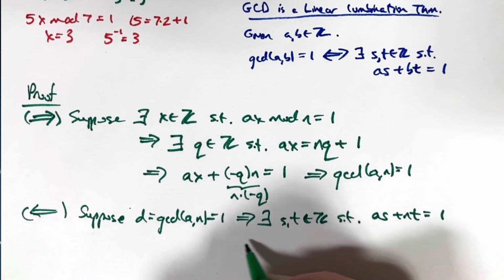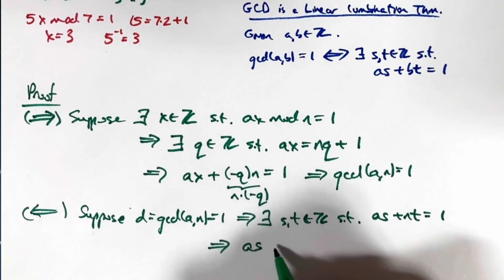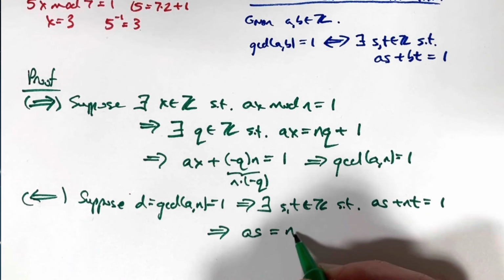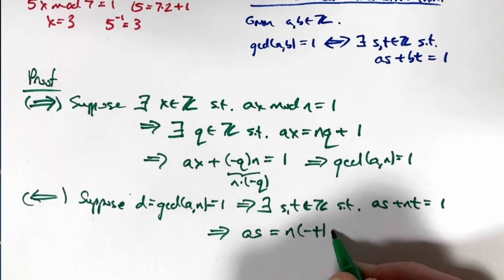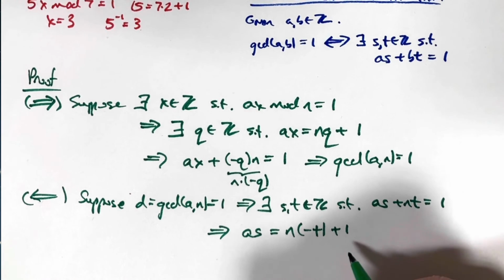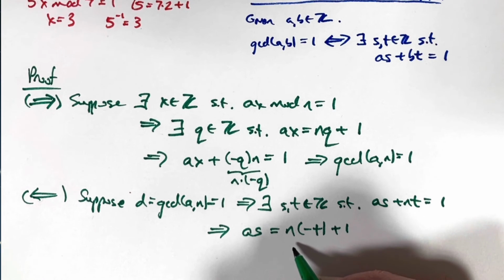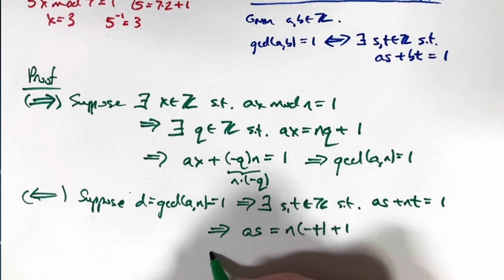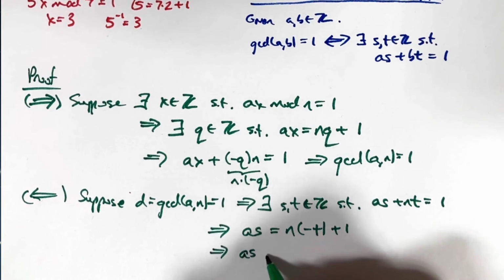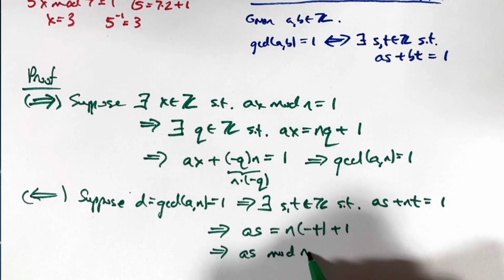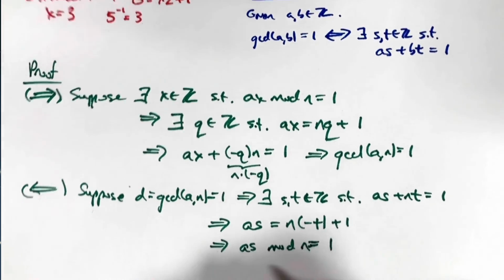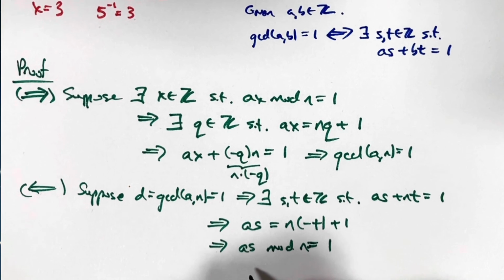But rearranging this, we get a times s equals n times negative t plus 1. Once again, 1 is less than n because n is assumed to be greater than 1. And this means that a times s mod n equals 1.